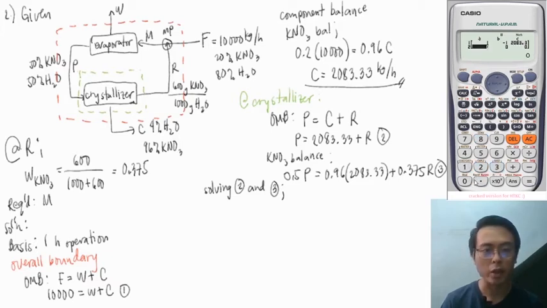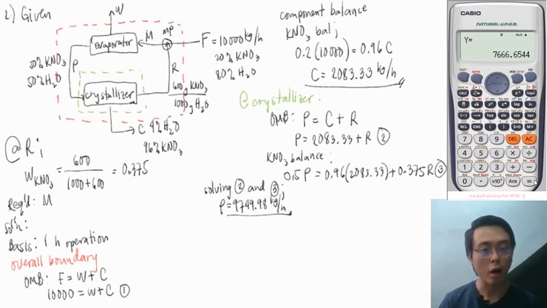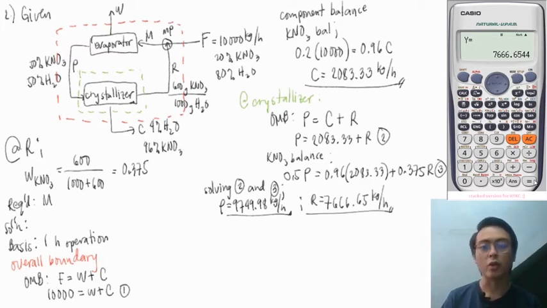For the second equation, that's 0.5, -0.375, and 0.96 times 2083.33. Okay, this is our P: 9749.98 kilograms per hour. Next is our R: 7666.65 kilograms per hour. Okay, so we now know the value of R.